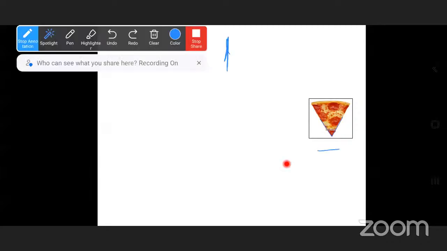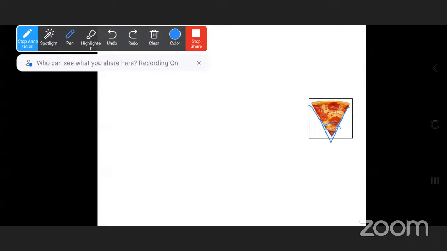Now, observe this image and tell me what is the angle made over here? This is a part of a pizza. You all can see it is a part of the pizza. So, what is the angle made by that portion? That angle is an acute angle. Why do we call it an acute angle, dear?